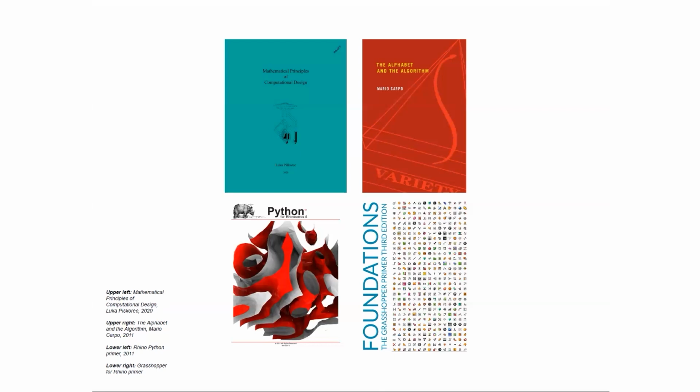Carpo is a historian of art and architecture, and he looks at the whole history of architectural design, and with that context looks really critically at new technologies, such as the use of computers and computation in design today.